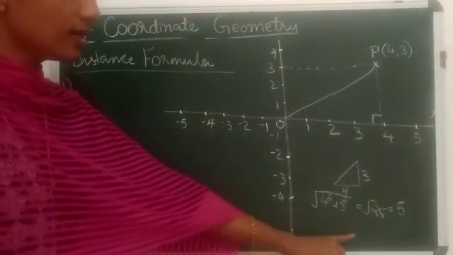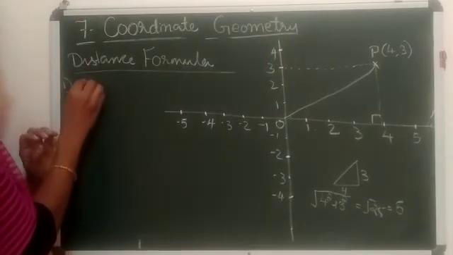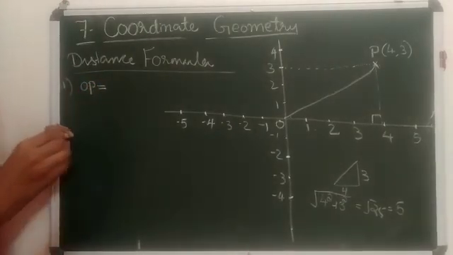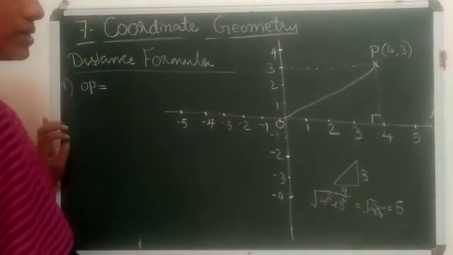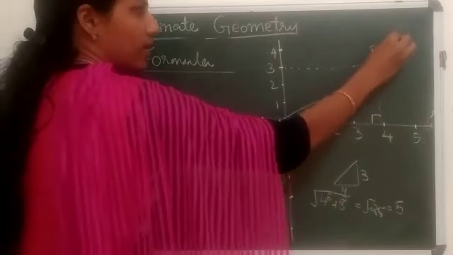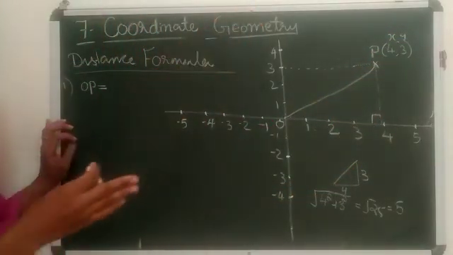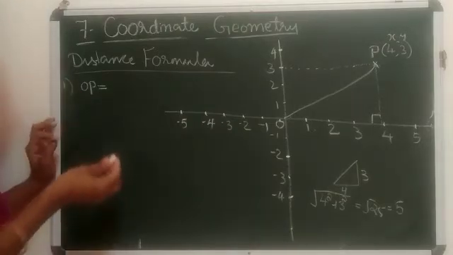So this is the same method we are going to follow here also. The distance OP, that is the distance from origin to any point on the plane, if the point is (x, y), we don't know the values, so we put x comma y. So what is the distance formula?